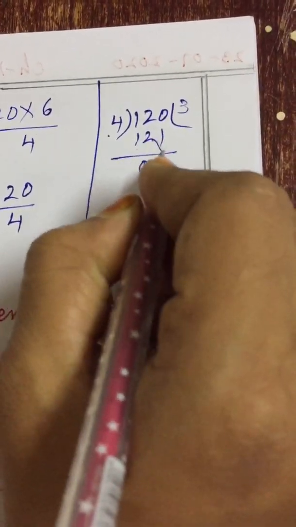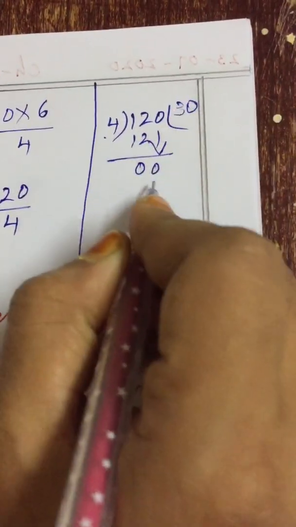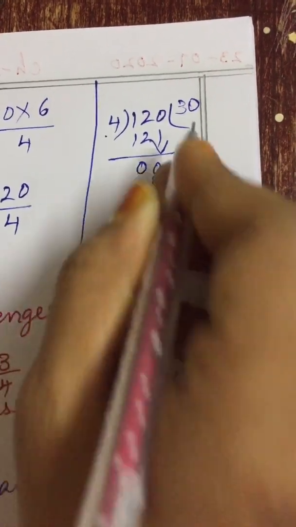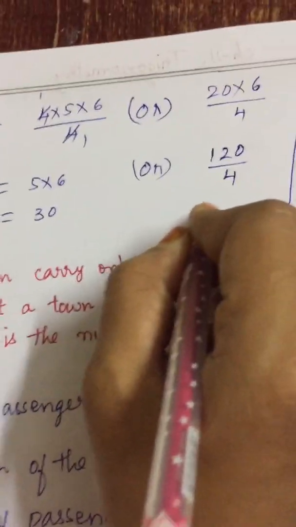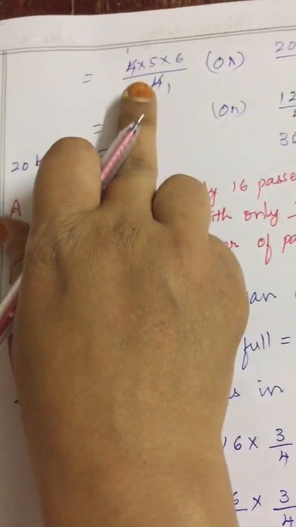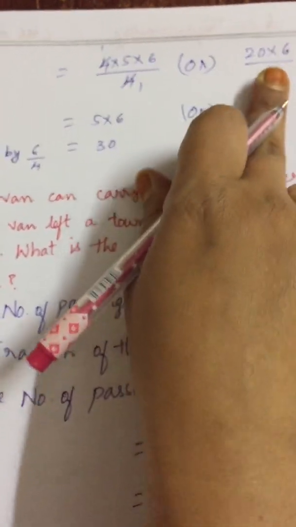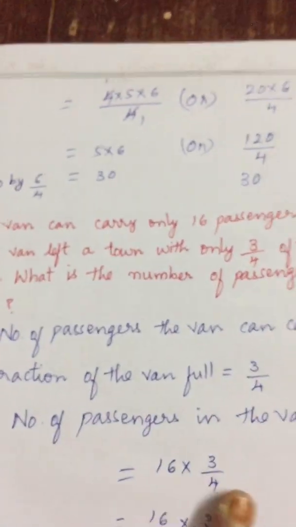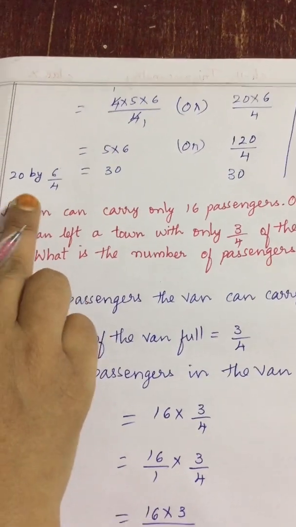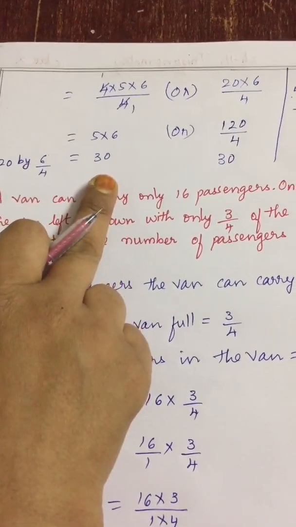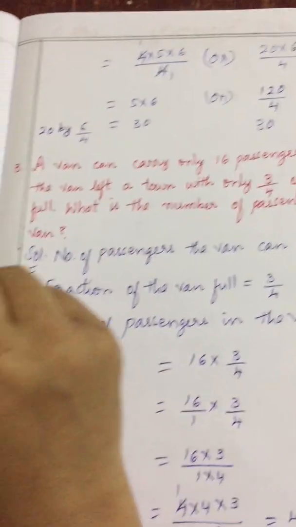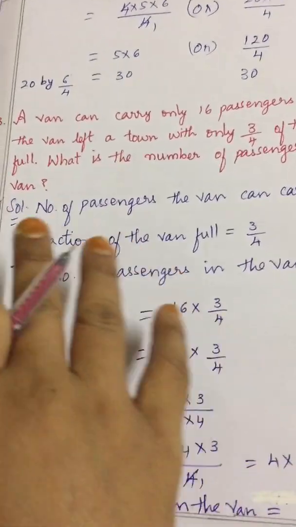Remainder is 0. Take this 0 down. 4 0s 0. Remainder is 0 now. So we got 30 as the answer. So as you wish, if you are confused here, do it like the previous problem. Am I clear, children? 20 by 6 by 4 is nothing but 30. 30 is the answer.